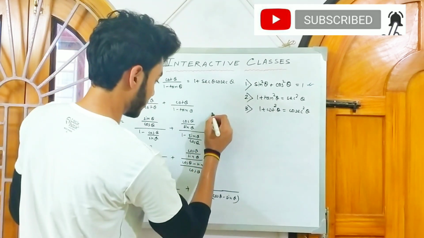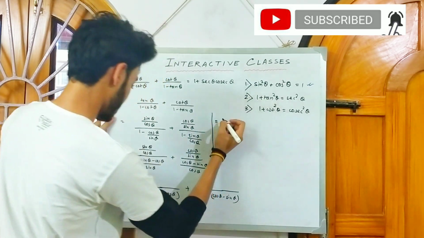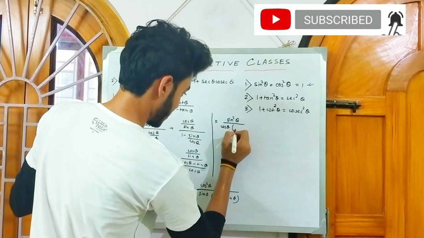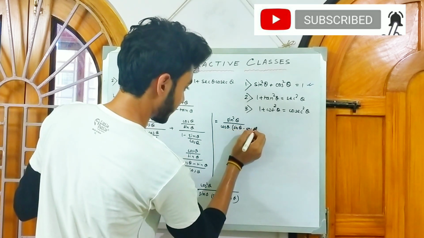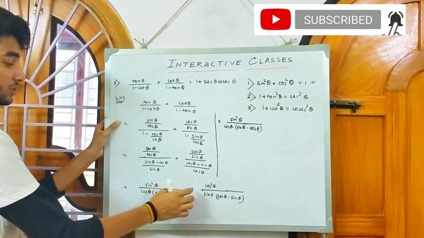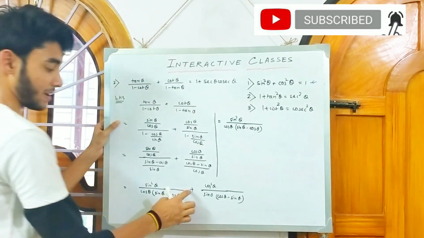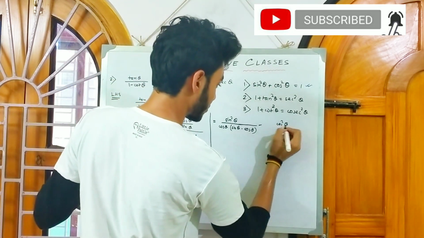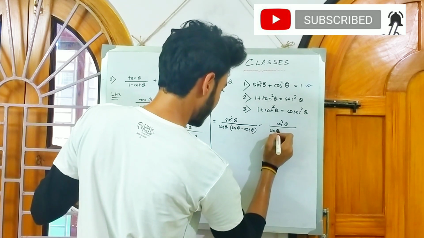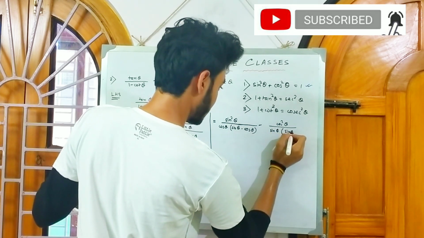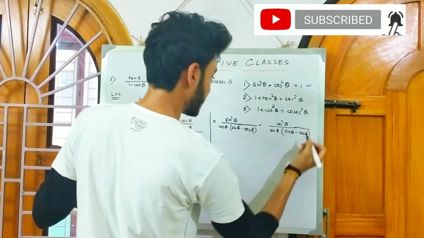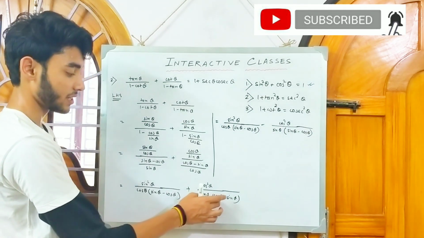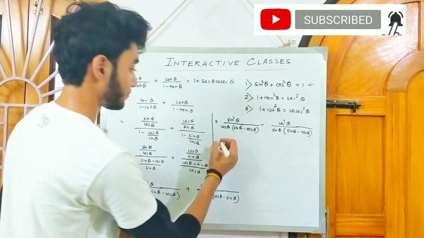So I am writing sin square theta over cos theta into (sin theta minus cos theta), and if we change the plus sign to minus, we can write cos square theta by sin theta into (sin theta minus cos theta), since cos theta minus sin theta becomes minus (sin theta minus cos theta).